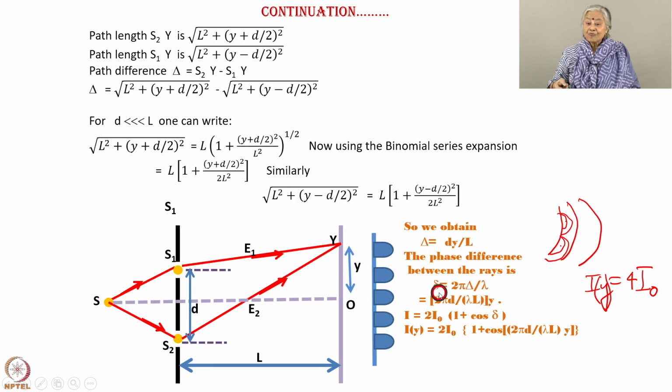So, your phase difference actually gives you some idea of the wavelength that you need to take. If you have an interference pattern, it gives you some idea of the wavelength that has been used here.